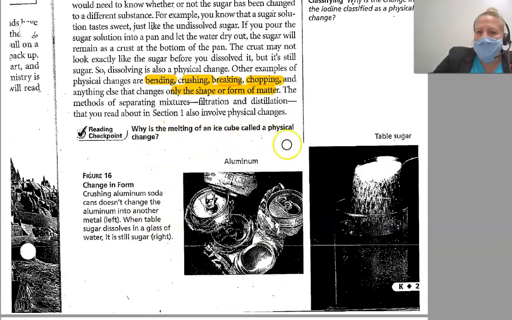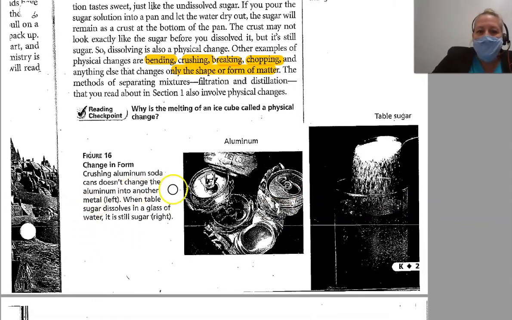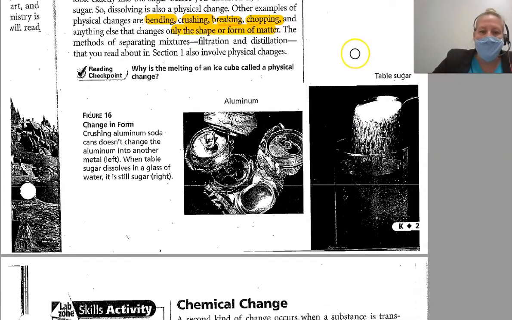Why is the melting of an ice cube called a physical change? Because it only changes the form of it. It doesn't change the substance. It is still water. Okay? So if we crush an aluminum can, it doesn't change aluminum into another metal. It's still aluminum. When table sugar dissolves in a glass of water, it is still sugar. So these are examples of physical change.